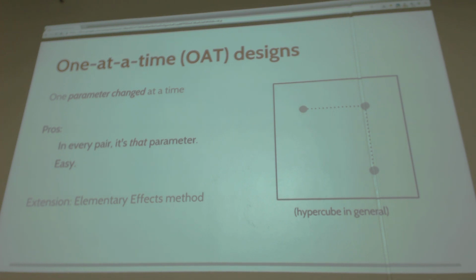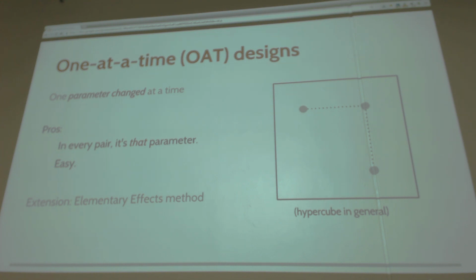So there's a really simple class of experiment designs called one at a time. The point is that we have a number of data points where two neighboring data points only differ by the value of a single parameter. On the right, you see a really simple one-at-a-time design with 3 points for 2 parameters.